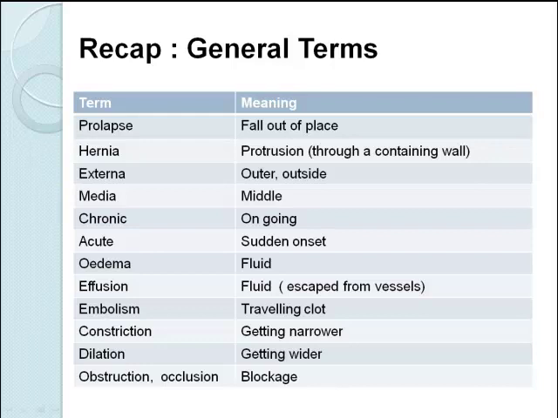Constriction means getting narrower. Bronchoconstriction would be narrowing of the bronchial tubes, as in an asthma attack. Dilation is getting wider, so bronchodilation would be widening of the bronchial tubes. And the term obstruction means blockage, but here's another word meaning blockage as well, which we'll come across shortly: occlusion. Occlusion means blockage.